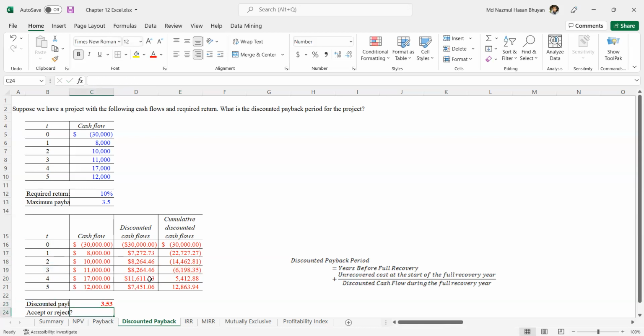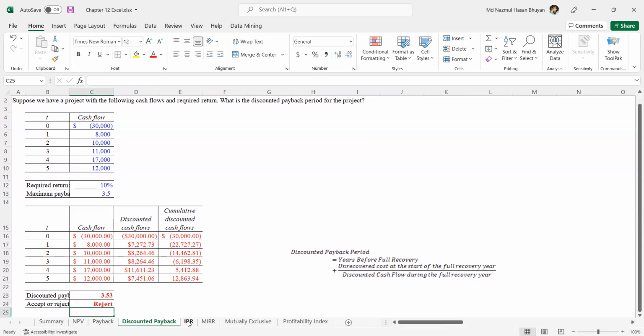So now we can see here again, your discounted payback period is 3.53. So it is a little bit over your benchmark payback period. So in this case, therefore, your decision should be reject.